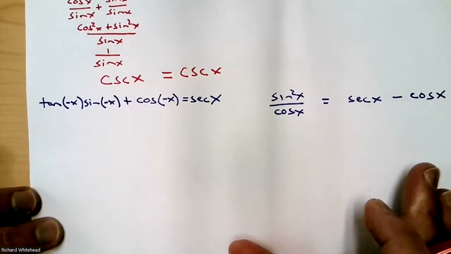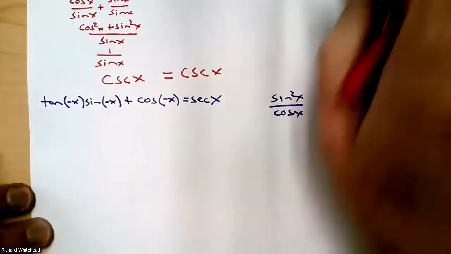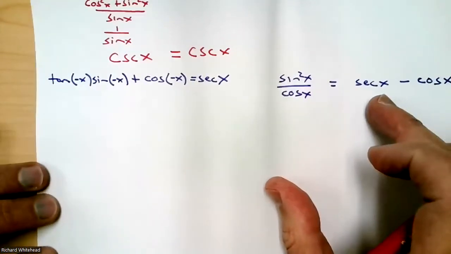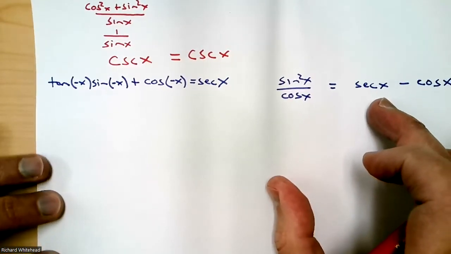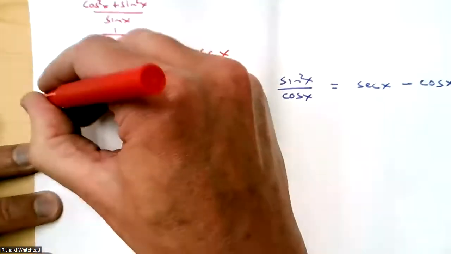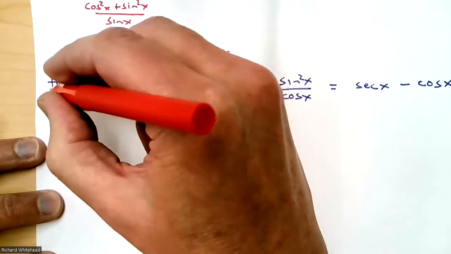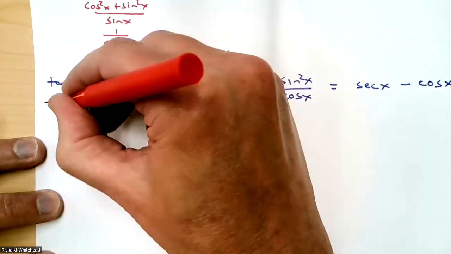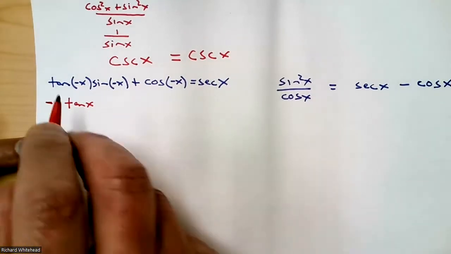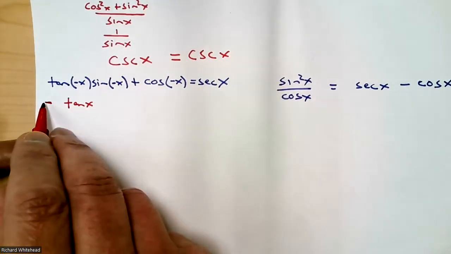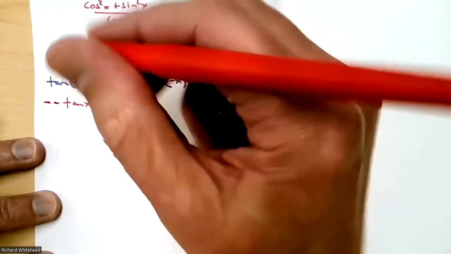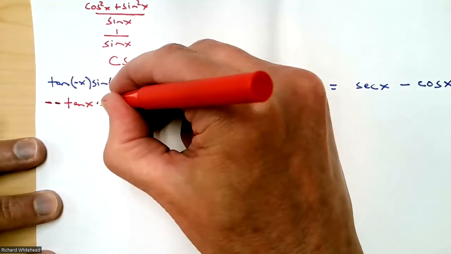All right, here's an example that actually uses the odd even identities. So the idea here is, oh no, tangent is a negative, which means you got to bring the negative out front. So negative tangent x. Tangent is an odd function, so you bring the negative out front. Sine is also an odd function, so you bring the negative out front.